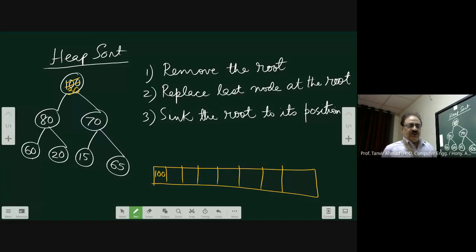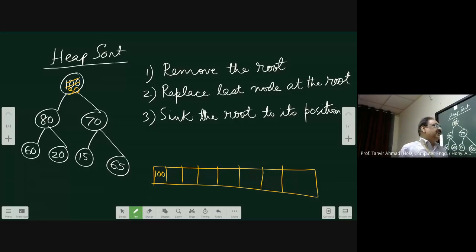Now, what is the meaning of position? You have to sink it such that it remains a heap. In this case, we will compare 30 with 80 and 70 both, and the bigger of them will replace that number.